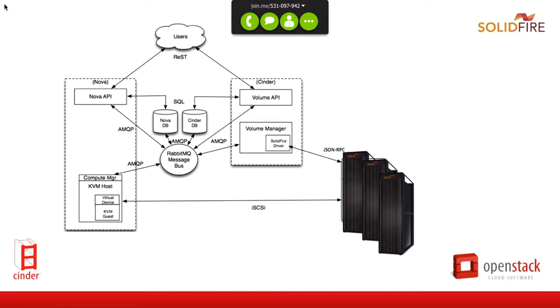And then on the bottom left-hand side through the Nova project or the Compute project, in this instance it's KVM, but other hypervisors are certainly supported in OpenStack, where you have a connection, an iSCSI block-based connection in this instance, between that virtual device or instance to the SolidFire storage.